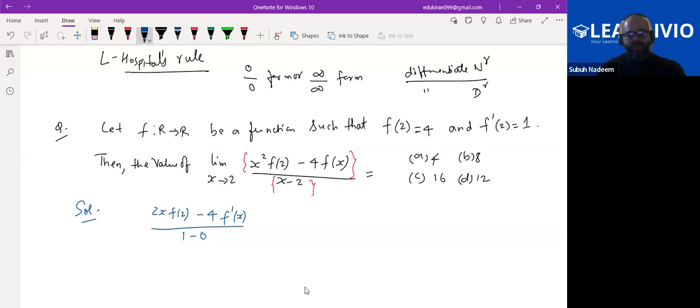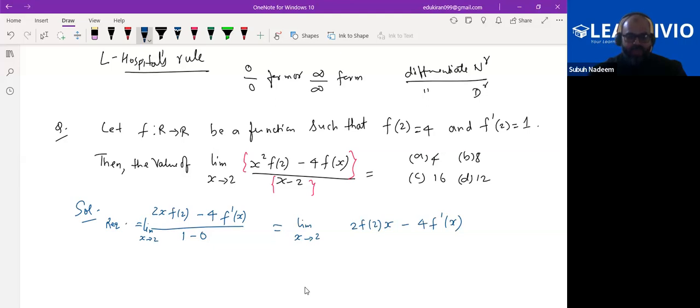So we can say that the required value is equal to this, limit x approaching 2 of 2x f(2) minus 4f'(x). This is what we are getting.